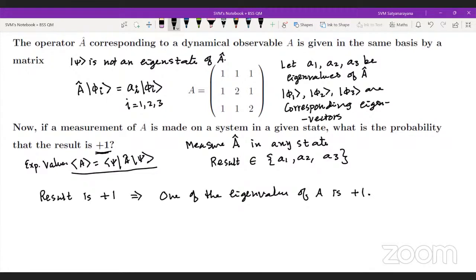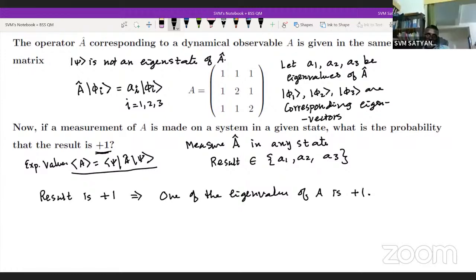Yes, sir. Now the important thing is that these phi1, phi2, phi3, which are eigenstates corresponding to eigenvalues A1, A2, A3, form a basis for the space. This is the first concept.